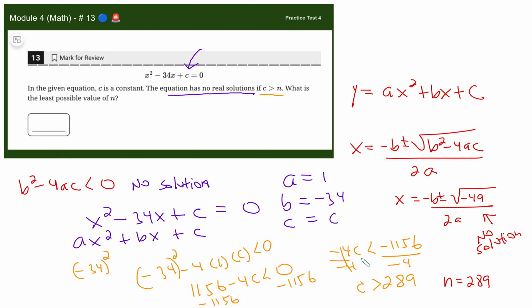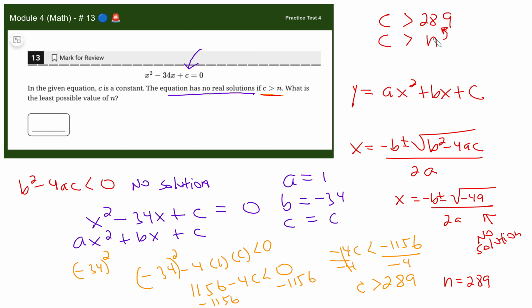A better way to explain this: c is greater than 289, but we also know that c is greater than N, so N is equal to 289. c can't be 289. c has to be greater than 289, but N can be 289.